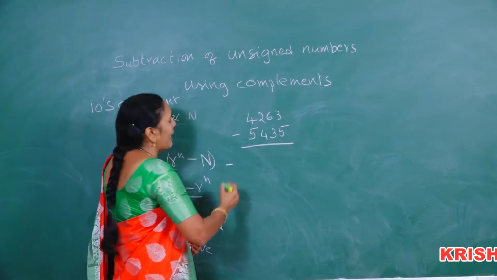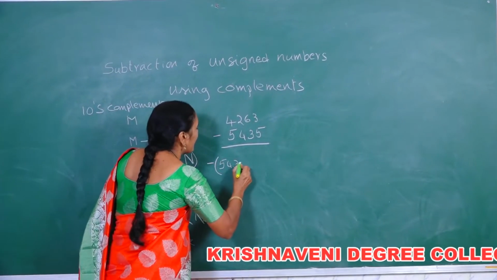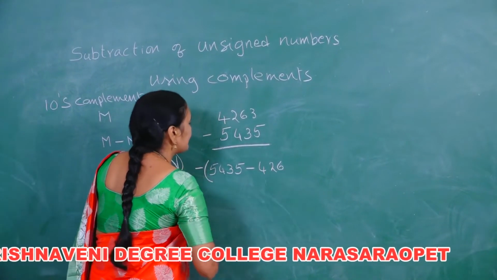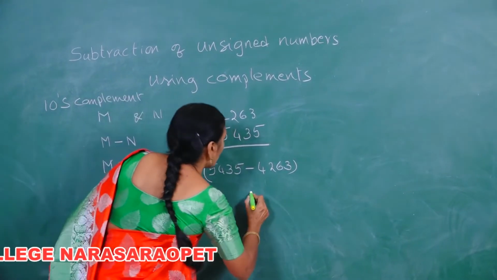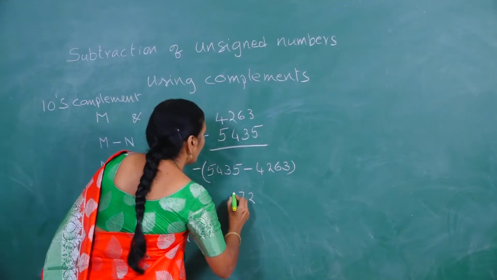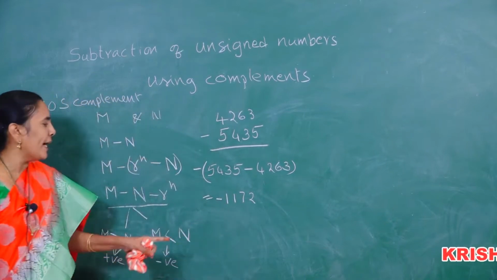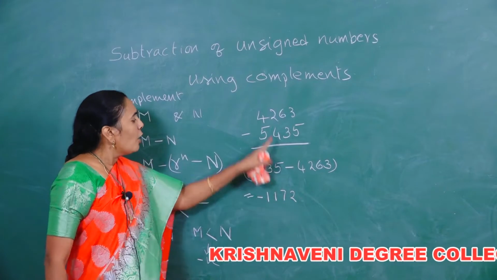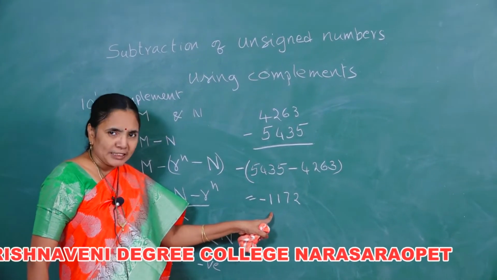We will take minus as a common factor and write 5435 minus 4263, whose value is 1172. That is, the answer is minus 1172. This will be the process that we follow in decimal subtraction.